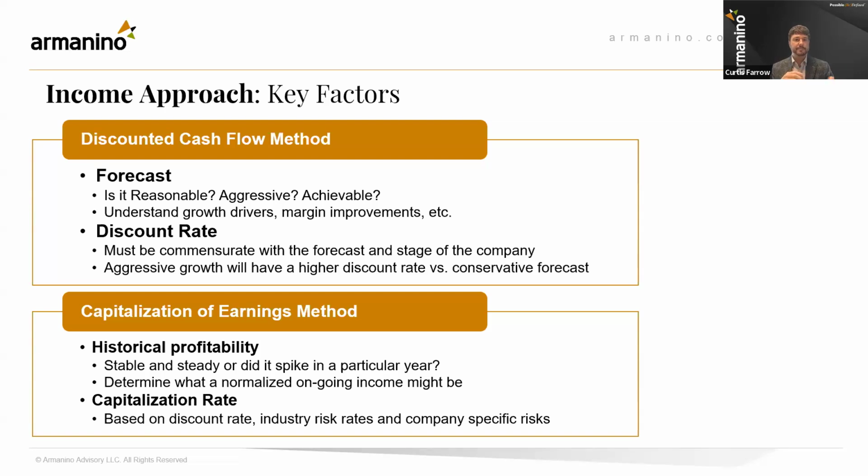The discount rate is that present value factor I was describing. So it's both the pure time value of money concept, I'd rather have cash in the bank now than a year from now, but it's also that risk. There are certain elements that are just inherent within investing in an equity. Investing in a certain industry and size comes into play, as I mentioned before, with the offset with multiples.